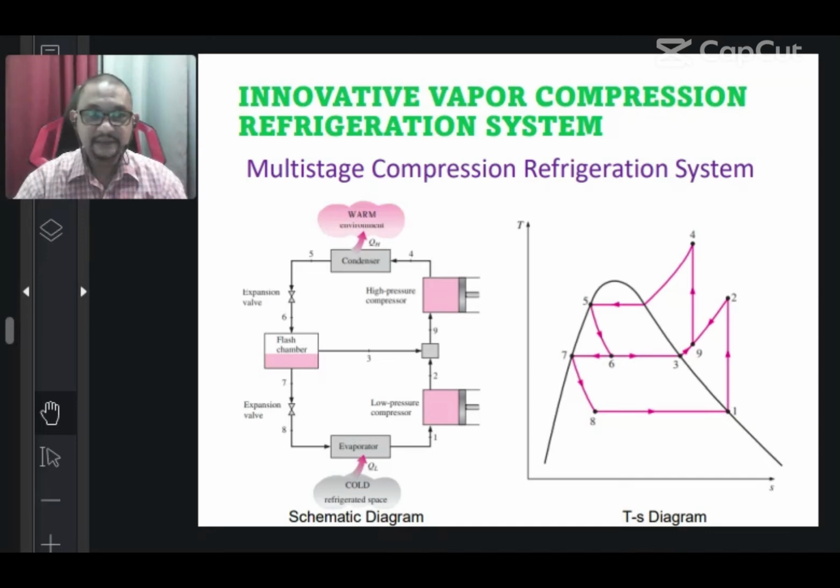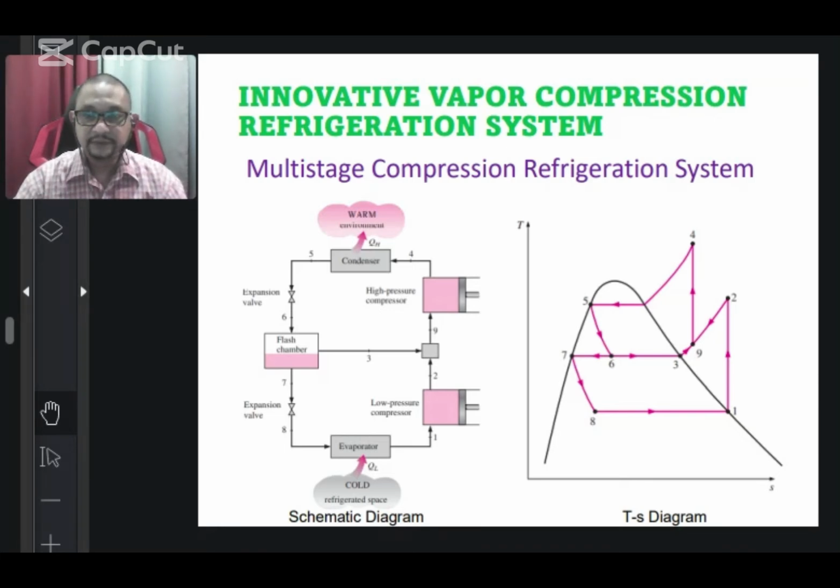This mixing chamber is called a flash chamber, since it has better heat transfer characteristics. So this is why this system is called a multi-stage compression refrigeration system.